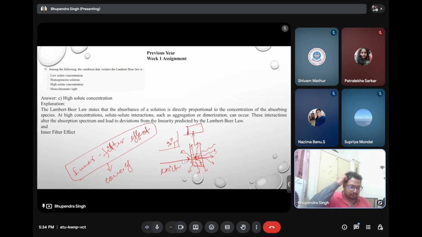Okay, first question to you. Even if you have not studied it, have you studied emission, the emission spectrophotometer, fluorimeter instrumentation? Not the absorption, emission. No?